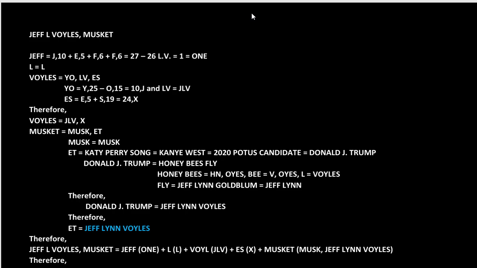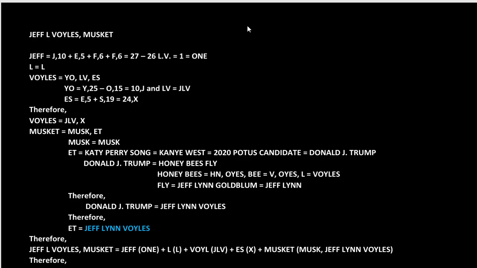Rearrange the letters in Voiles: Y-O-L-V-E-S. Y-O is Y25 minus O15 is 10, which is J. Add that to the LV to get JLV. ES adds up to 24, which is X. Therefore, Voiles equals JLVX.